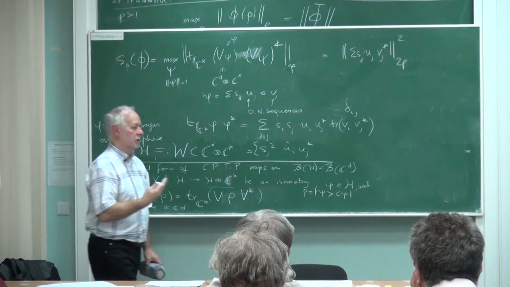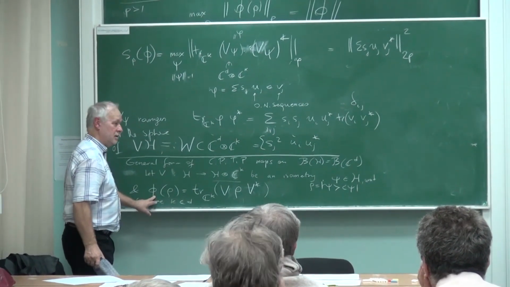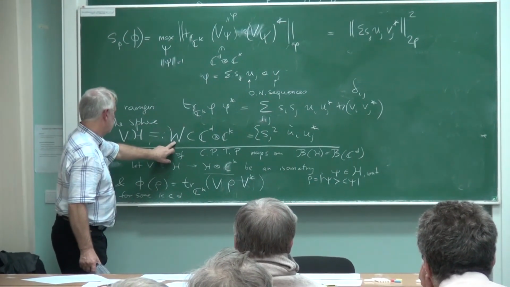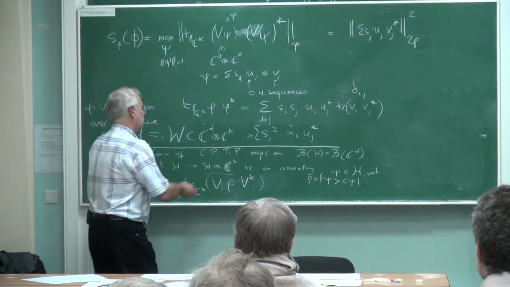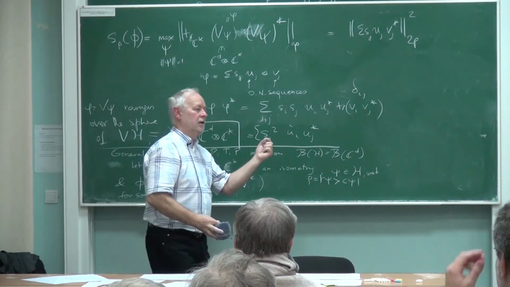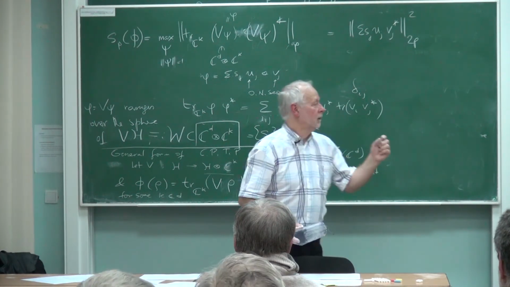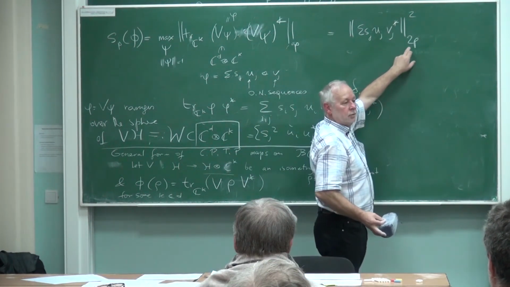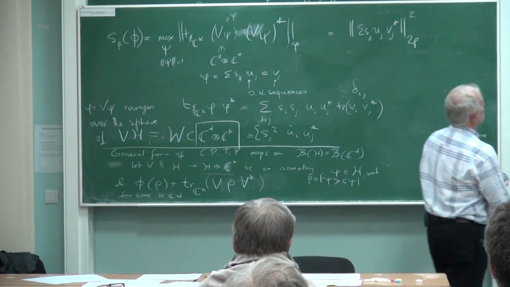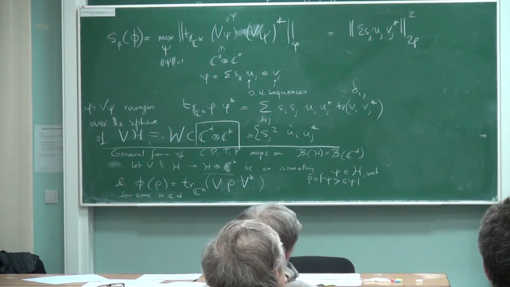Okay, so I have the following situation. I identified my map phi with a d-dimensional subspace of this space, which I am considering as the space of D by K matrices with the Schatten norm to P. Okay, so in other words, what I'm looking for is the following.